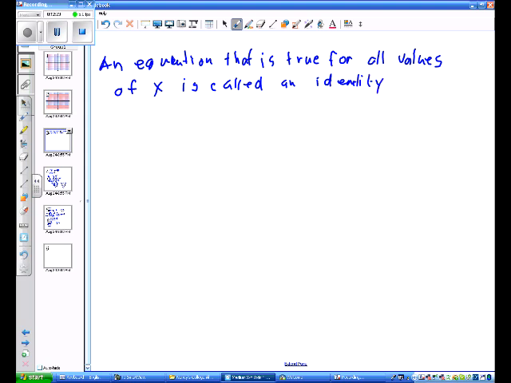Now, the way that you can tell that something is an identity when you're solving, because you've got to know how do I know if it's true for all values? So let's take this equation: 4 times (x minus 7) is equal to 4x minus 28.